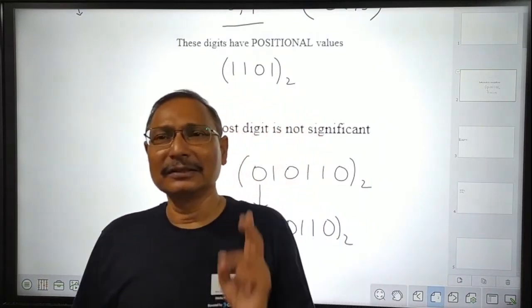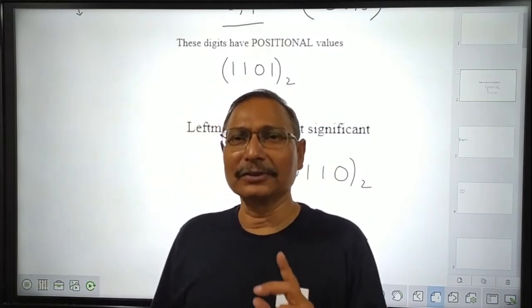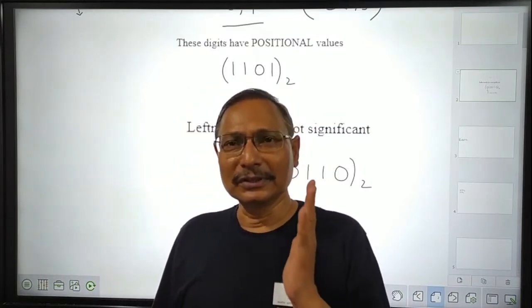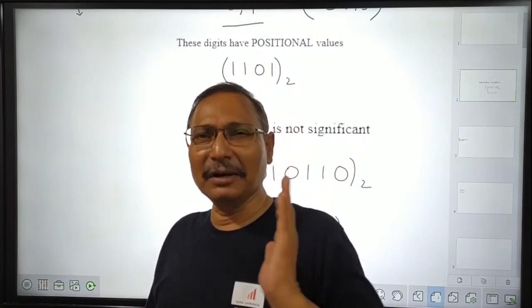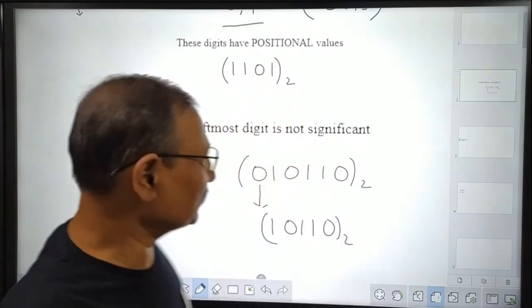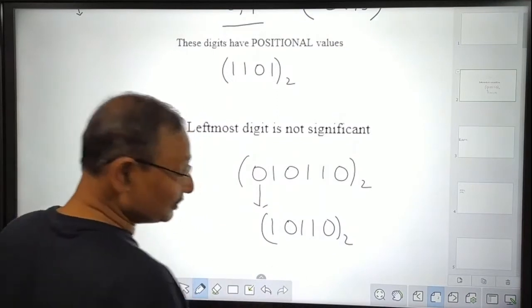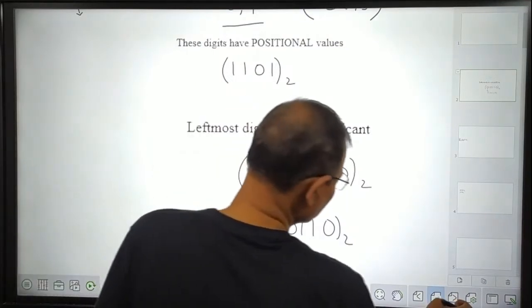The digit 0 written in the leftmost part has no significance, and all the digits have their positional values.